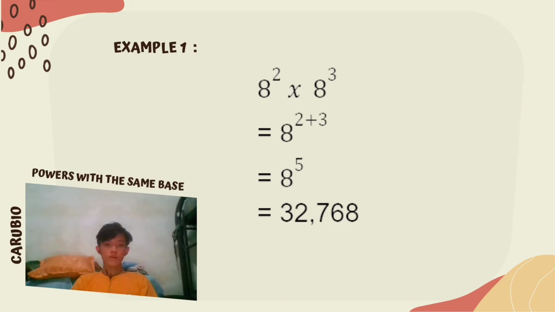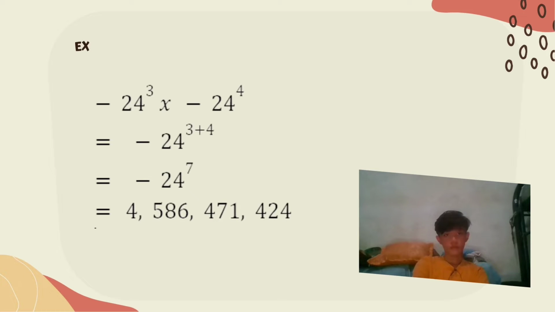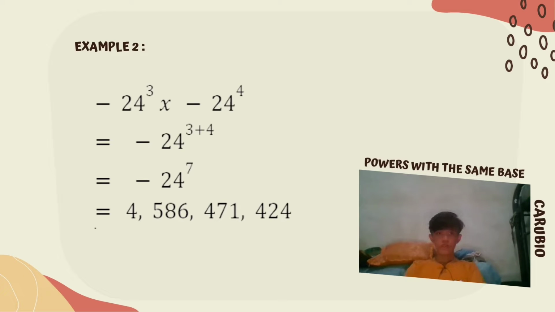Then simplify. The final answer is 32,768. Let's try bigger numbers. Negative 24 cubed times negative 24 to the fourth power.